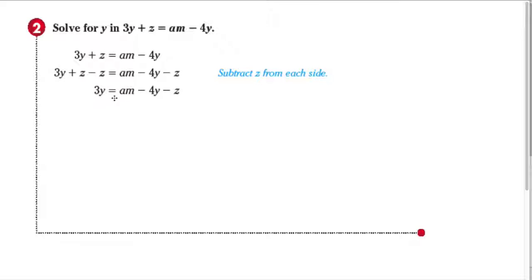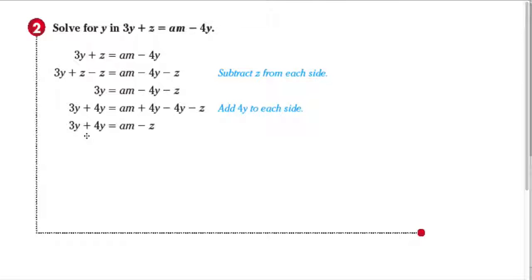Now that we have undone z, we need to move this y to the other side of our equation. How do we do that? We simply add 4y to both sides. If we add 4y to both sides, this negative 4y will go away, and you now have 3y plus 4y equals am minus z, because 4y minus 4y equals 0.